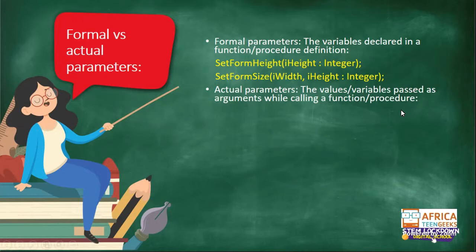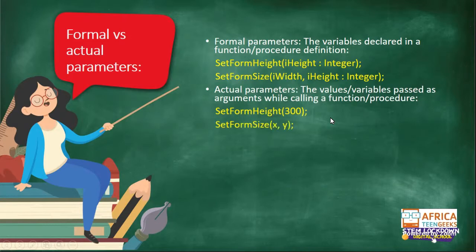An example would be, now that I've set up my set form height, I could go to a button that says change height. Inside the event of change height, I simply call this procedure and add my actual parameter, the actual value that I want. Over here, I used a hard-coded value of 300.